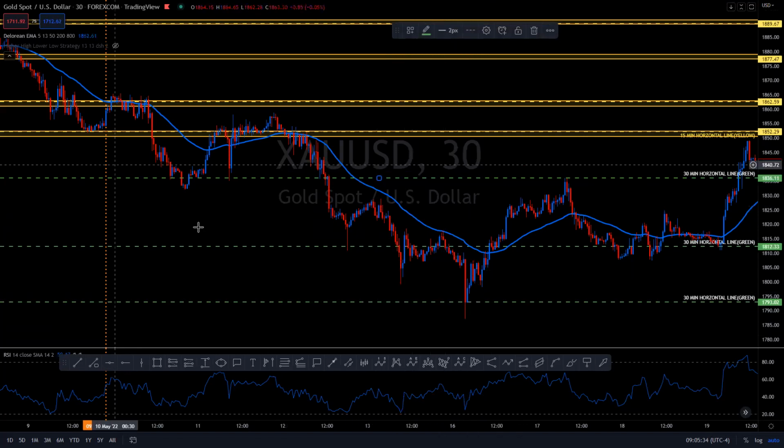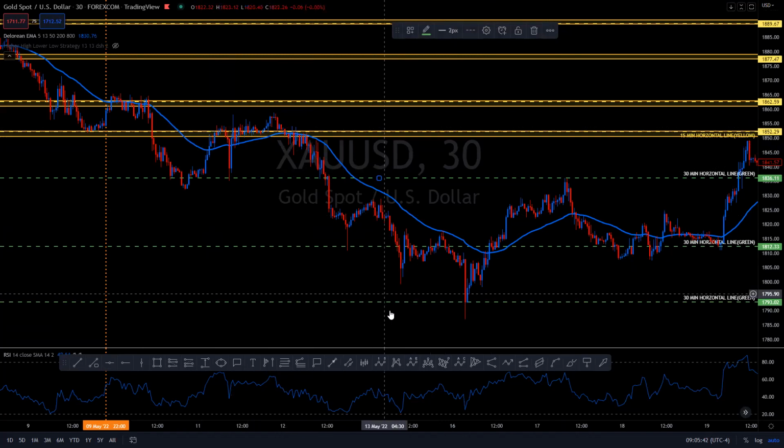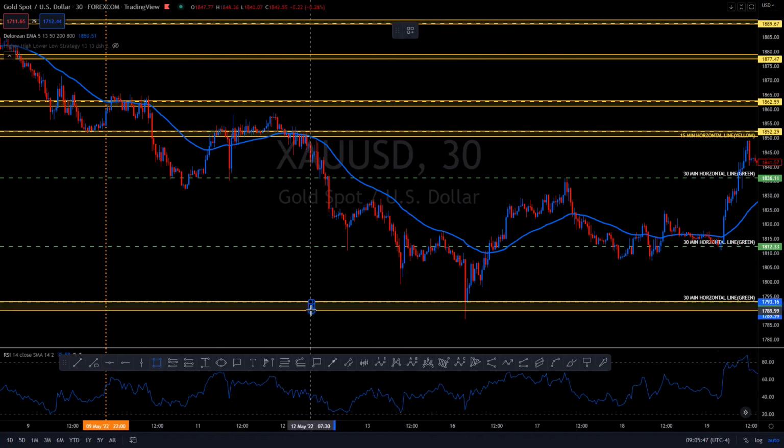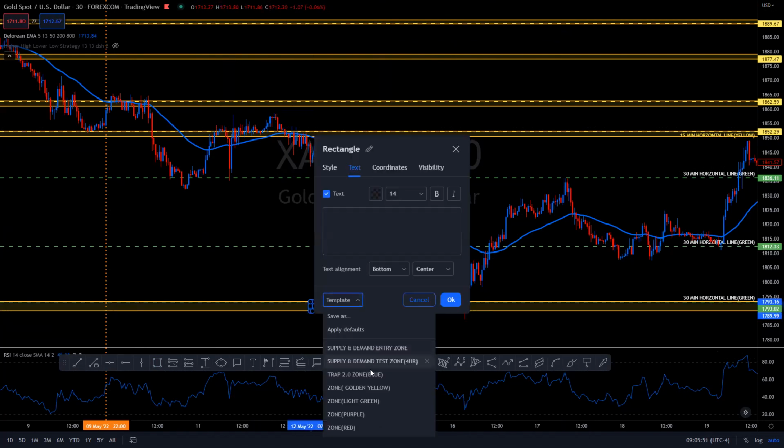So we see all of that, and there was definitely a strong supply area because previously price held it as a demand and pushed price up to this supply and then pushed it back down. So these supply and demand areas are very valid. So let me go ahead and mark up my zones.